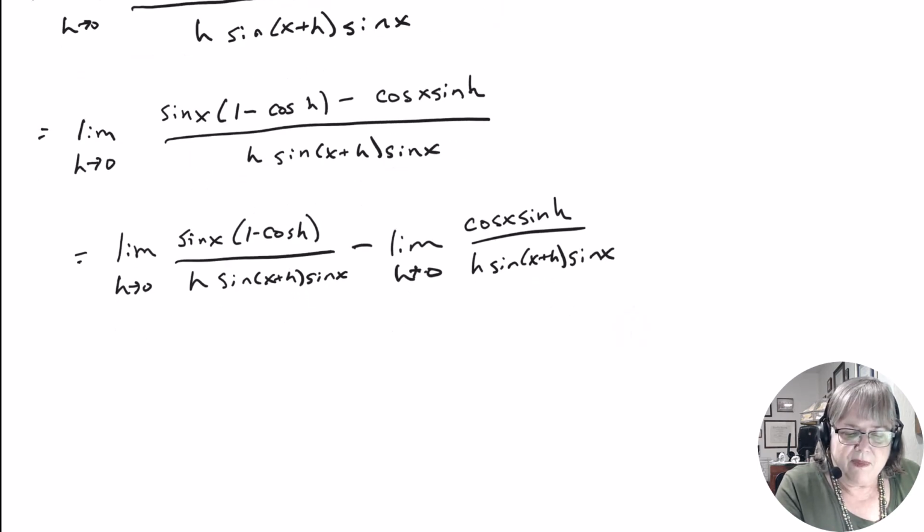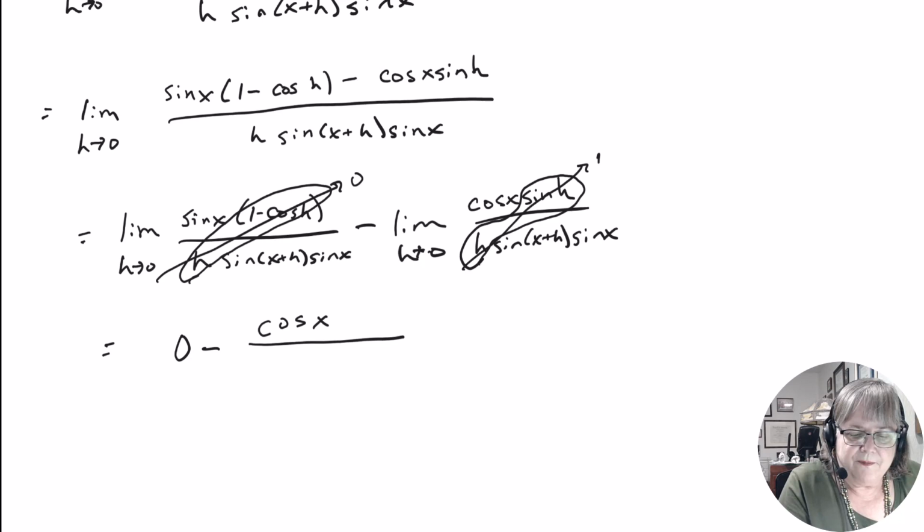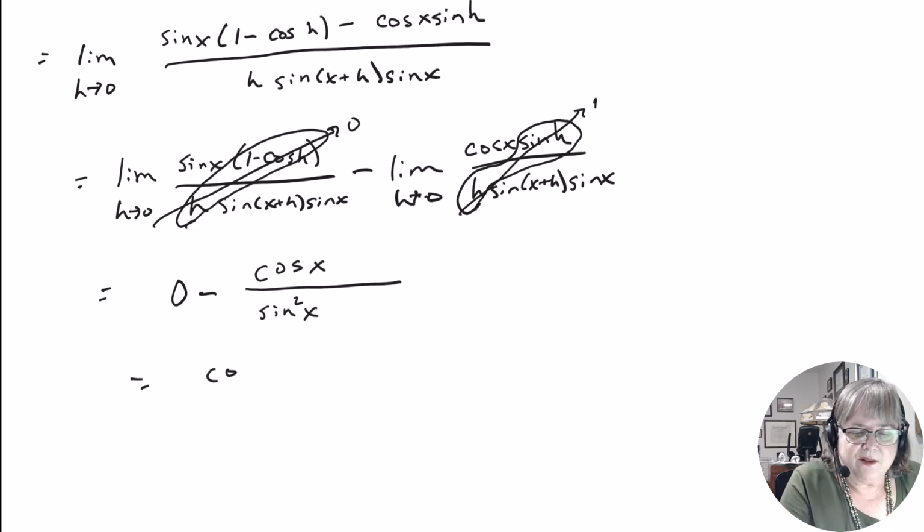All right. So again, this part is going to drive this to 0. And this part is 1. So you've got 0 minus cosine x over sine x squared. So you've got cosine x over sine x times 1 over sine x.